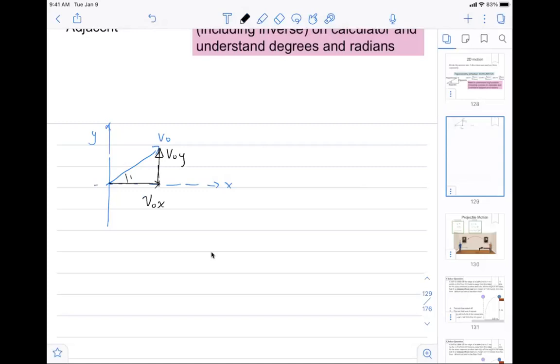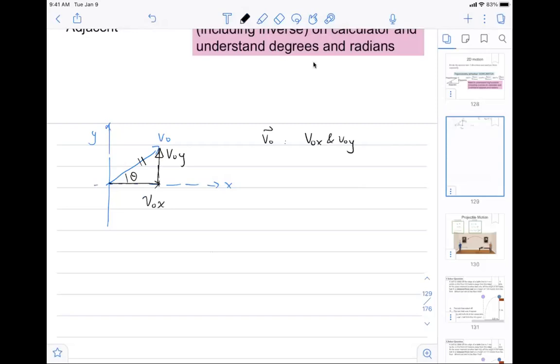So the original v naught is equivalent to having v naught x and v naught y drawn separately. Once I decompose this, I usually put a little dash, two short lines, on this v naught showing that I've already considered this.